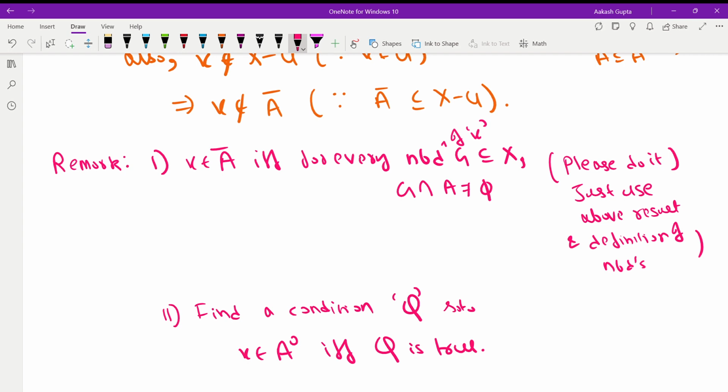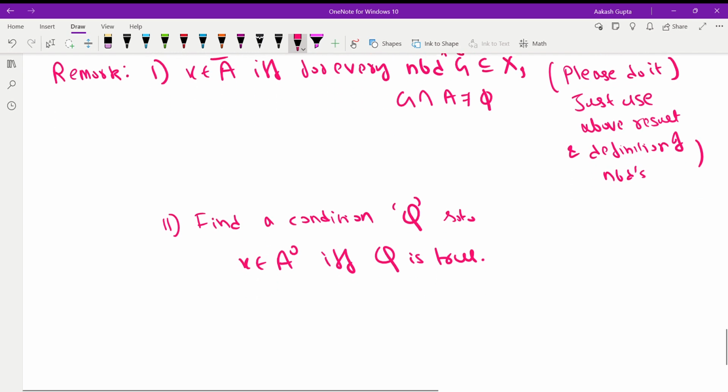If you cannot answer this, there can be many, but use whatever you know up to now: open sets, closed sets, and of course topology. Using those ideas, neighborhoods, develop a condition Q which helps us to see when a point is in the interior.